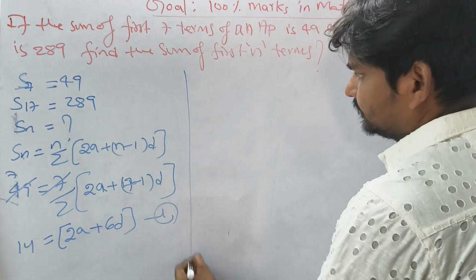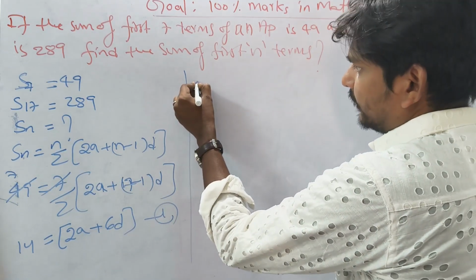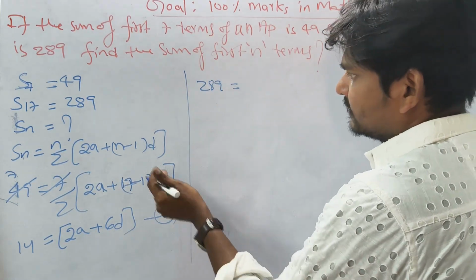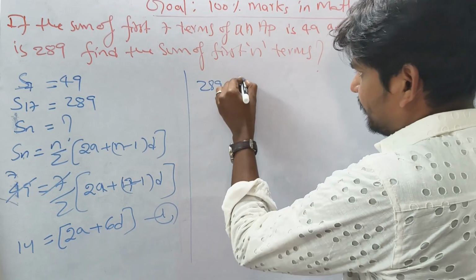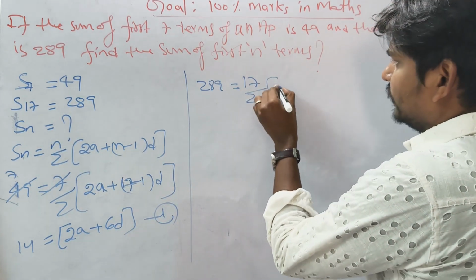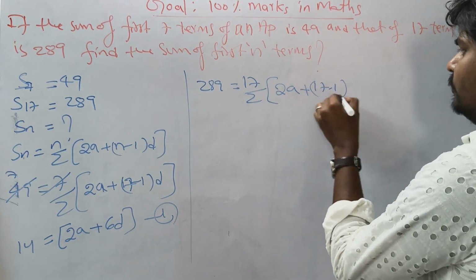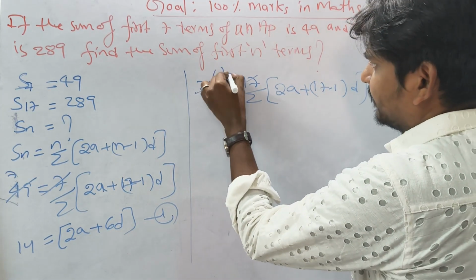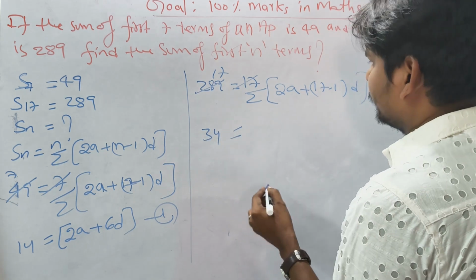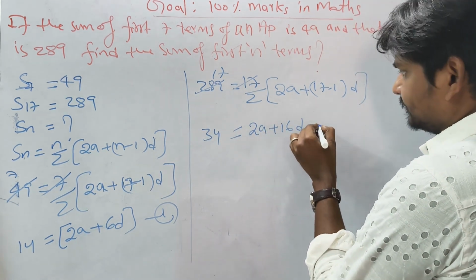Now the same for S17. 289 is equal to the sum of the first 17 terms, so 17 by 2 into 2a plus (17 minus 1) into d. Simplifying, the 17 cancels, and 2 into 17 is 34, so 2a plus 16d equals 34.